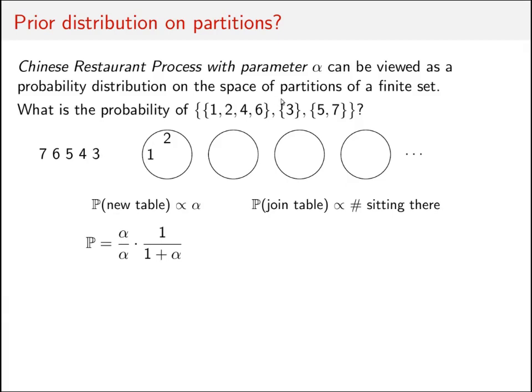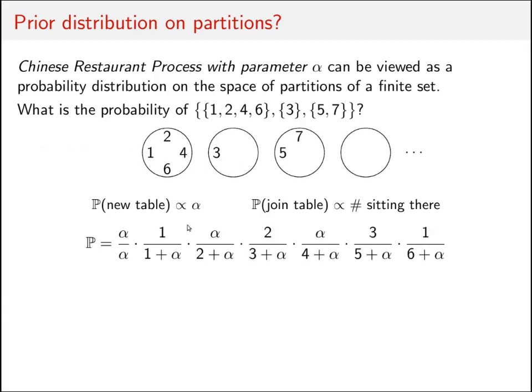The third customer, we see, chose to sit at another table, and this was done with probability proportional to alpha, which gives probability alpha over 2 plus alpha. This process continues, in the end giving us the probability weight of such a partition of numbers from 1 to 7.